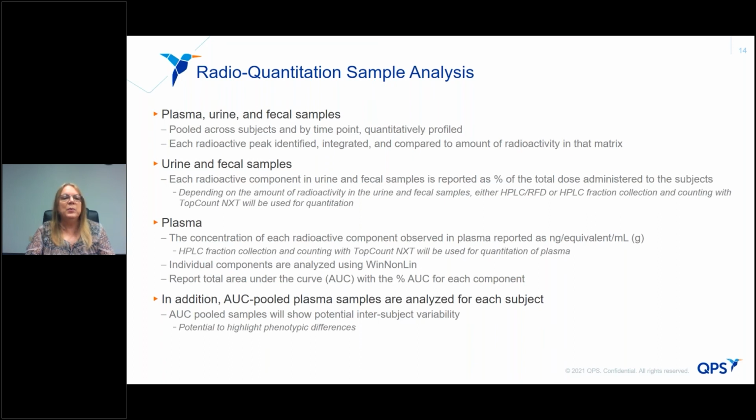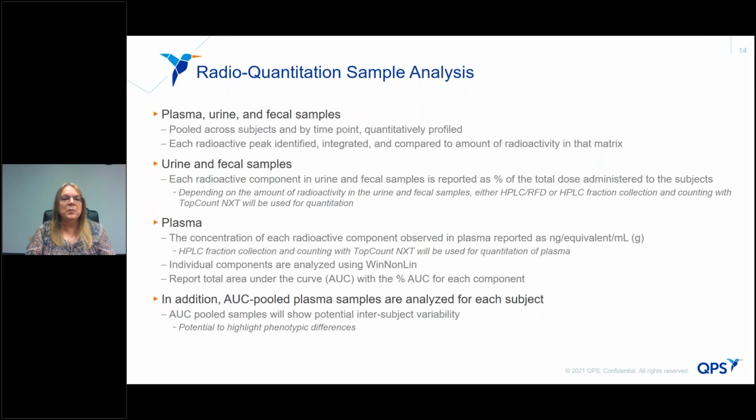The urine and fecal samples are reported as the % of total dose administered to the subject, and depending on the amount of radioactivity, we will either use the radio flow detector or an HPLC fraction collector with the top count. Plasma is always done on the top count, and the concentration of each radioactive component observed in plasma is reported as nanogram or possibly microgram equivalents per mil, and those are always done on the top count.